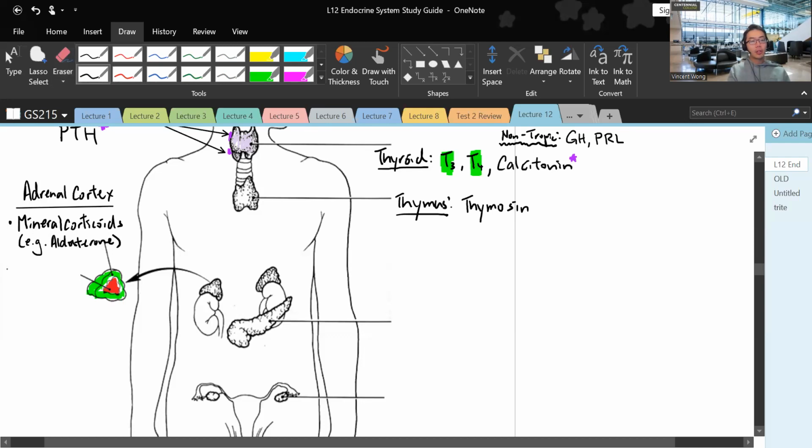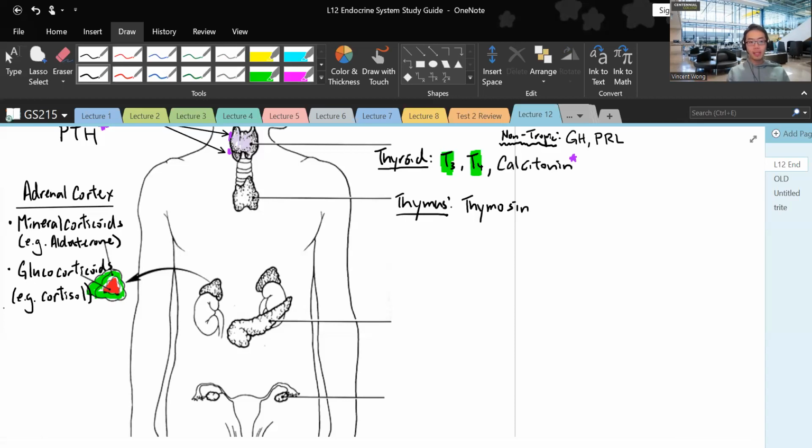Okay. And then there is also another group called the glucocorticoids. Okay, and the main one here is something called cortisol. You probably have heard of cortisone, which is the active ingredient in things like acne cream and anti-inflammatory ointments, right?